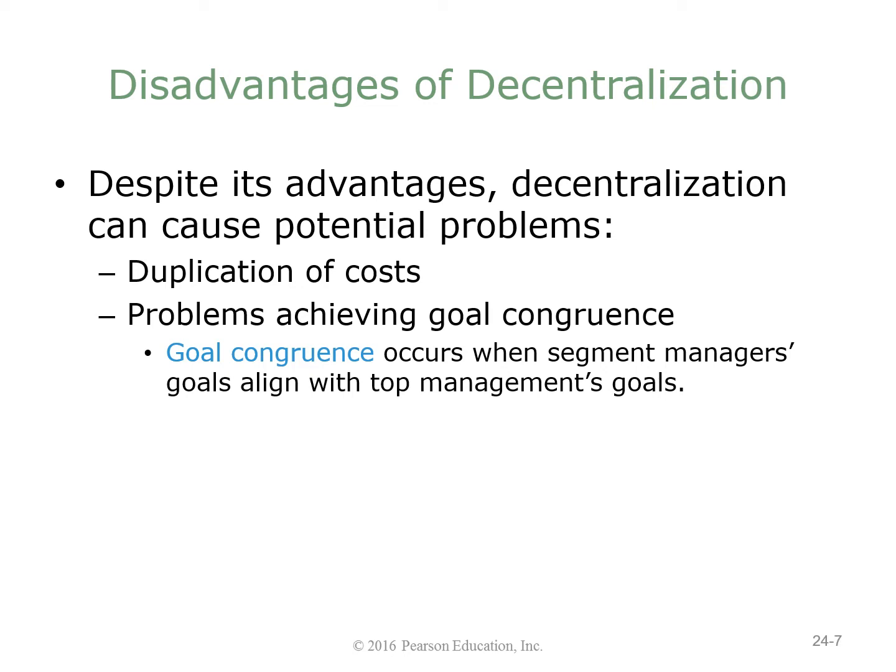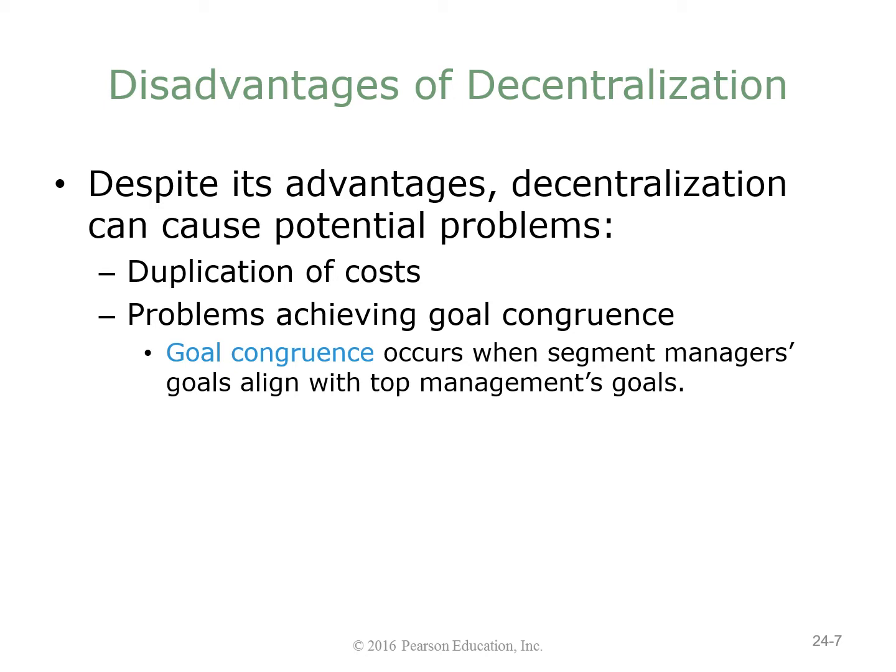What are the main disadvantages of decentralization? Despite its advantages, decentralization can cause potential problems. Duplication, of course, because maybe there is some intersection between the responsibilities of two departments. Problems achieving goal congruence.